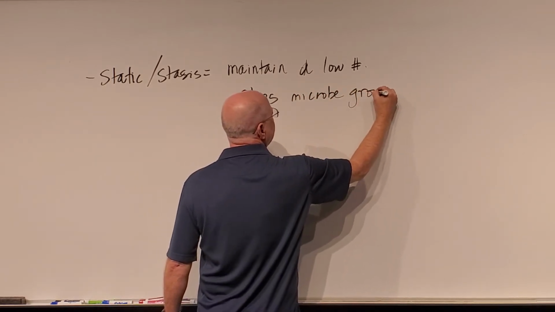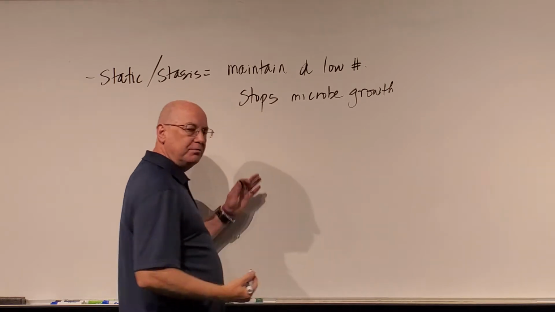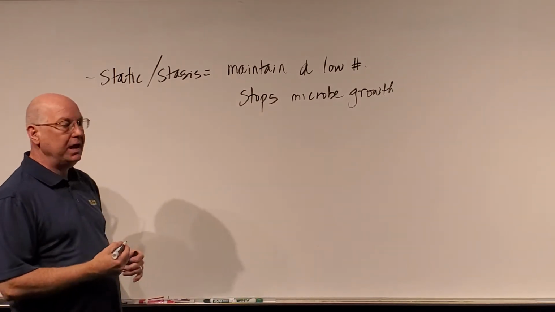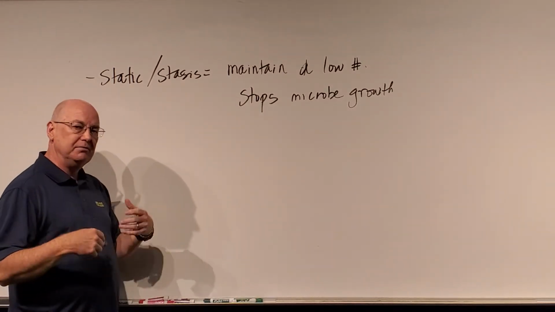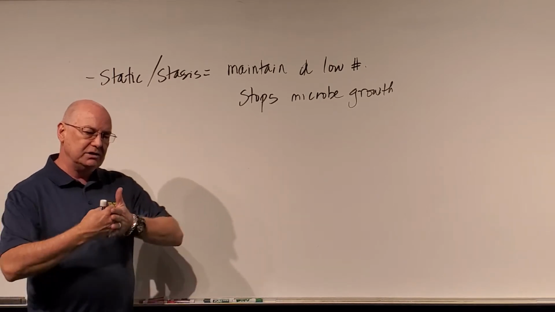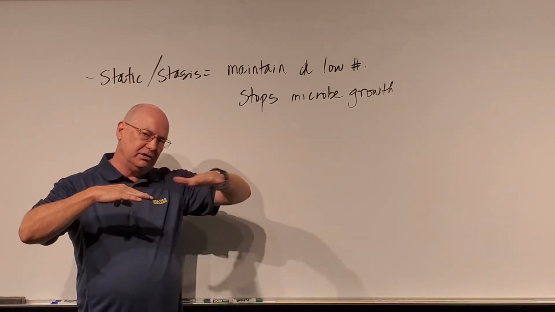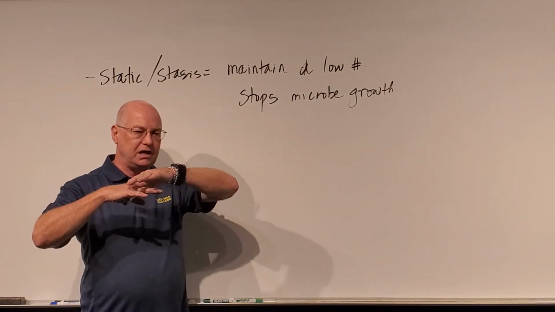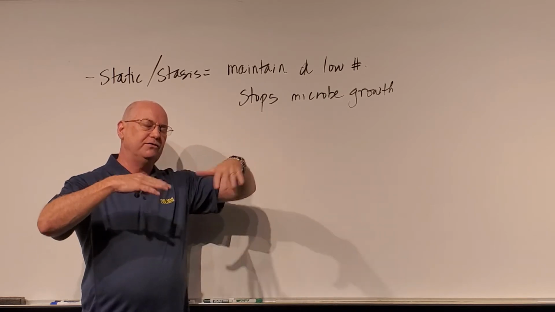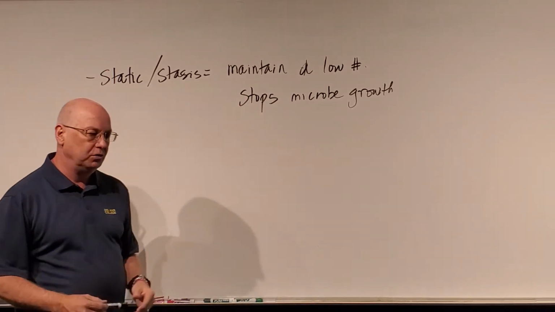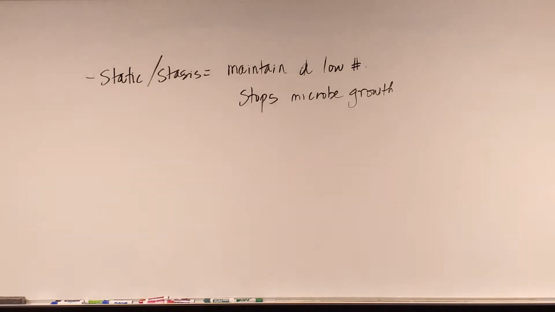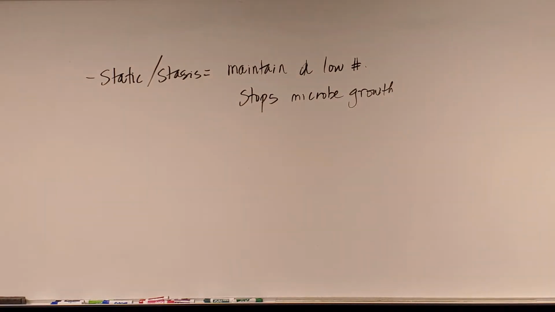It doesn't necessarily kill them, but it keeps the number the same. It holds them at bay. So when we talk about something being bacteriostatic, what that means is for some reason, it's not going to kill all the bacteria. It's not a bactericide, but it will prevent the bacteria from growing in number and hold them in a holding pattern. Okay? So those are some terms that I want you to know.